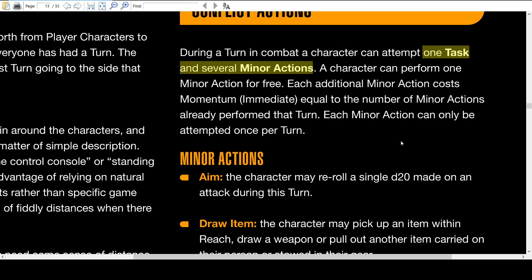I believe most likely not, but it will be interesting if there is this sort of bridge between the gaps, so to speak, because that could actually give a bit more variance to the tactical options that the character may want to do. And the idea of being able to spend momentum to do more minor actions is actually sort of interesting, because are there minor actions that are worth spending momentum for? That's something we will need to find out as we go through the list.